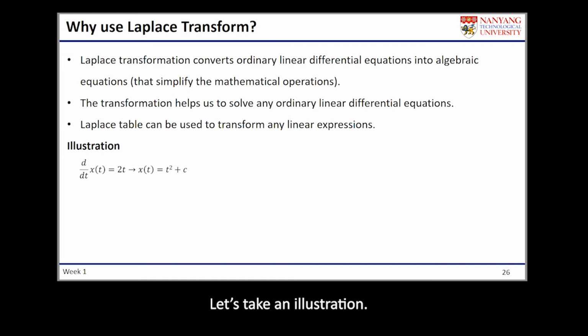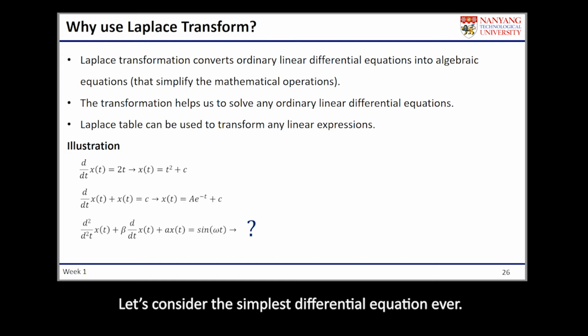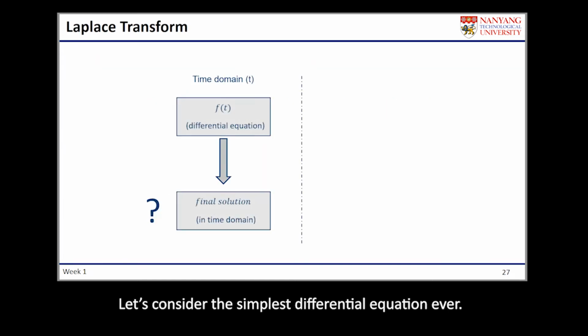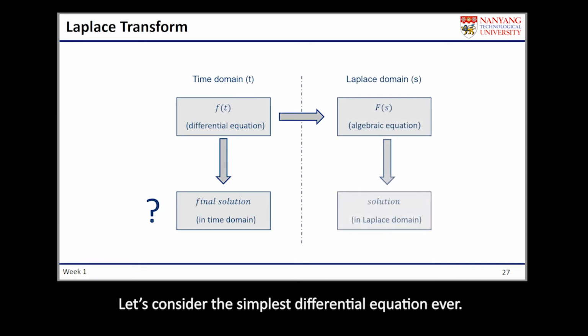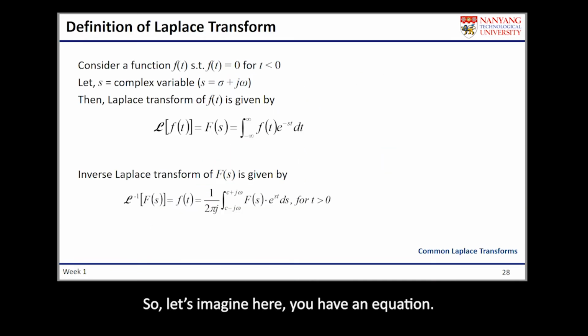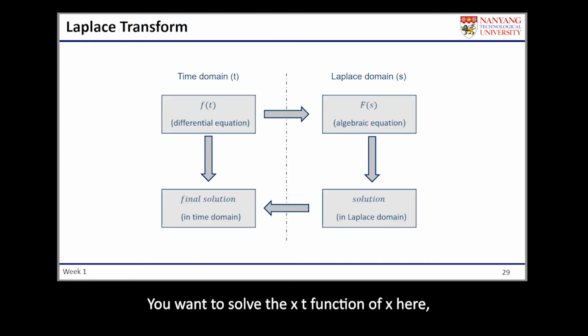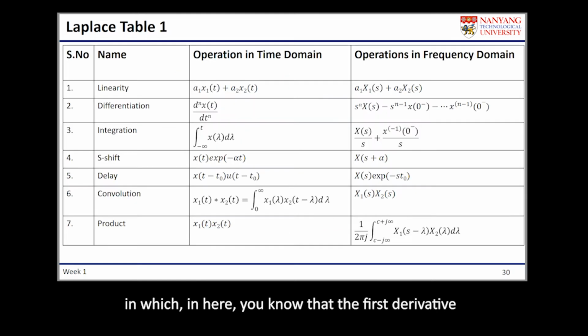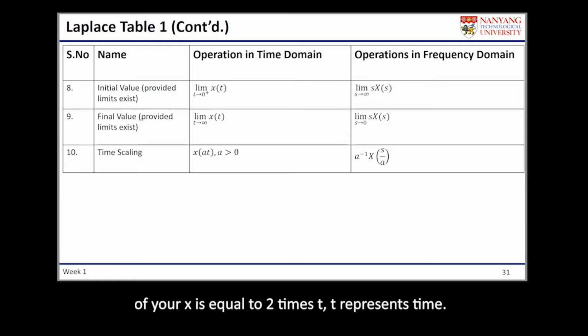Let's take an illustration. Let's consider the simplest differential equation ever. Let's imagine here you have an equation. You want to solve for x(t), a function of x, in which you know that the first derivative of x is equal to 2t. t represents time.